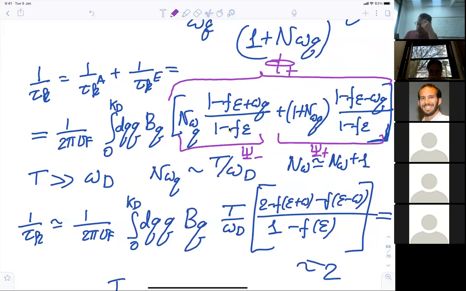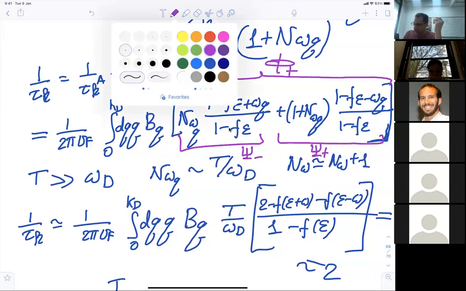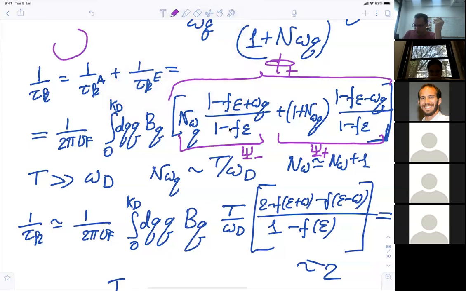So assume that temperature is the smallest energy scale. So there is a well-defined Fermi surface, which is absolutely filled. Let us consider an electron above the Fermi surface, so let's assume that energy is positive.